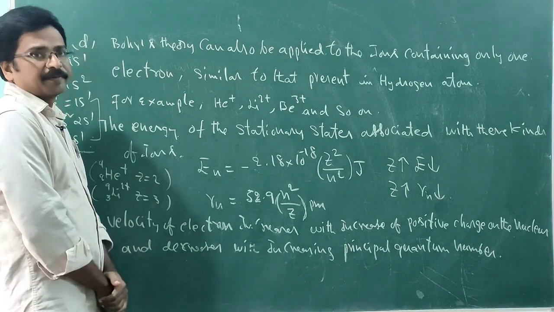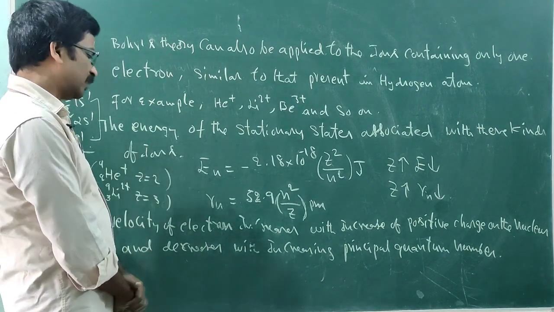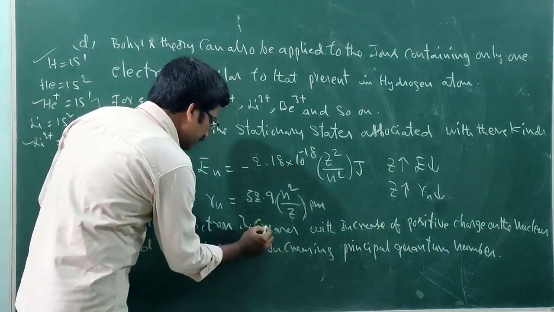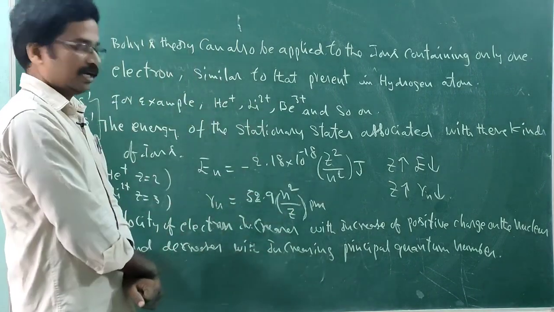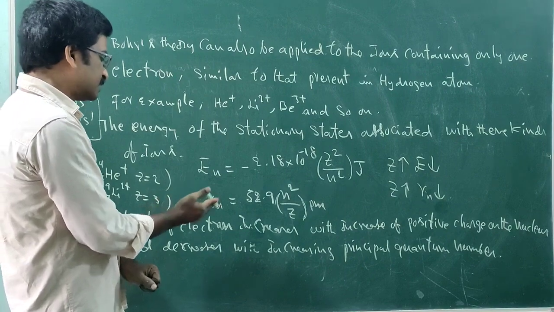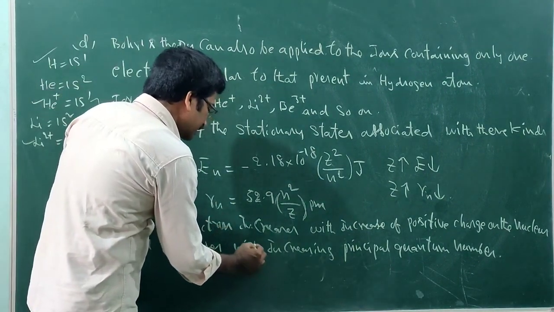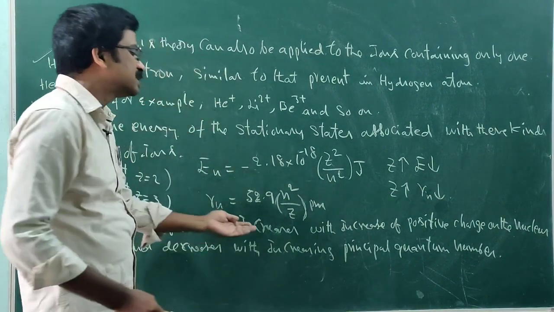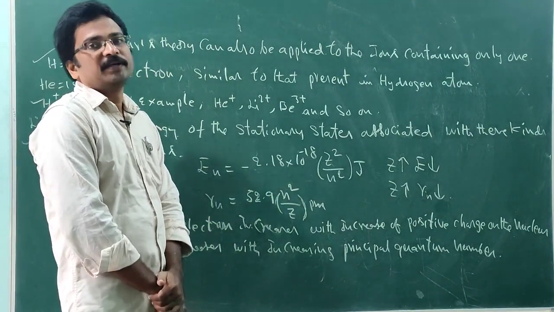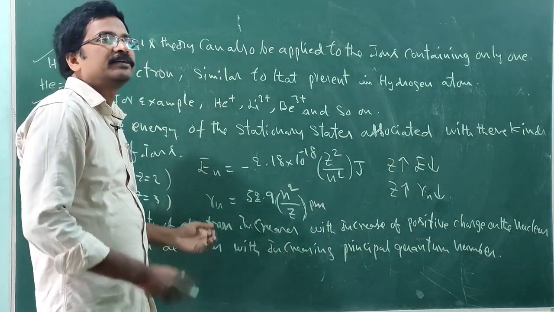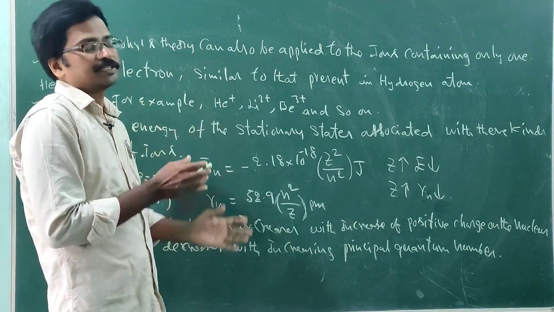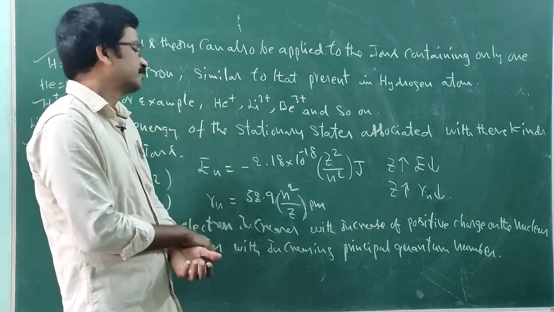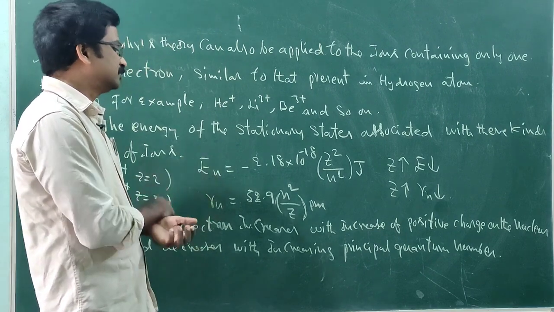What about point E? The velocity of an electron increases with increasing positive charge on the nucleus and decreases with increasing principal quantum number. Here they have not given the velocity equation, but they mentioned 2 points.